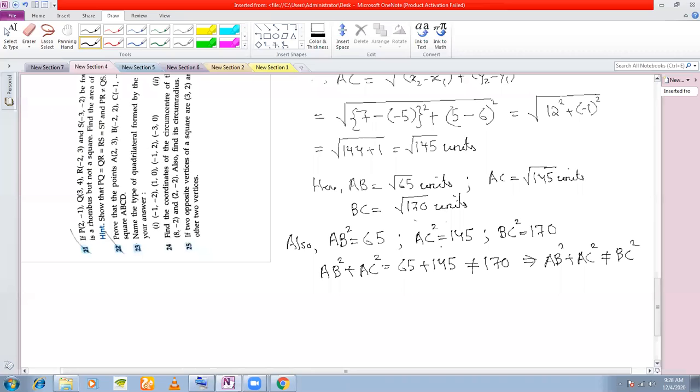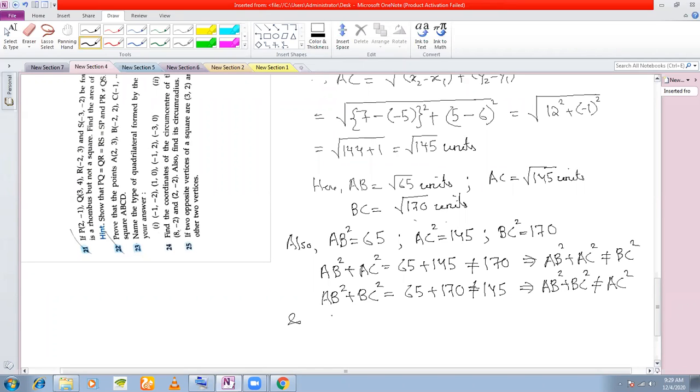Also check AB square plus BC square, which is 65 plus 170. Is it equal to 145? No, it's not equal to 145. That means AB square plus BC square is not equal to AC square.